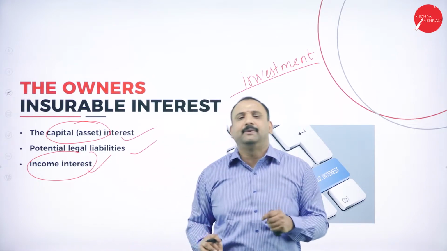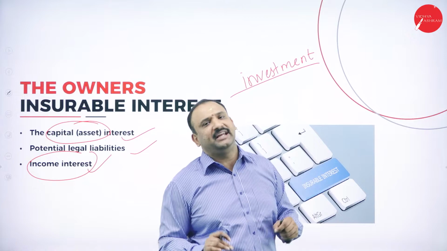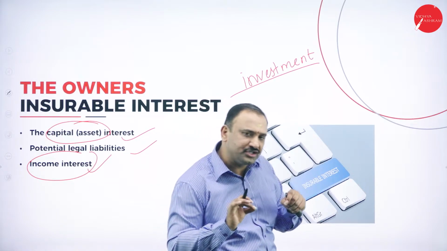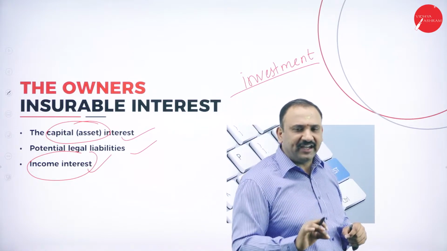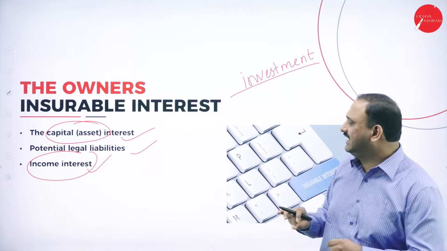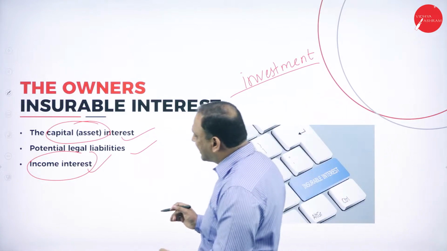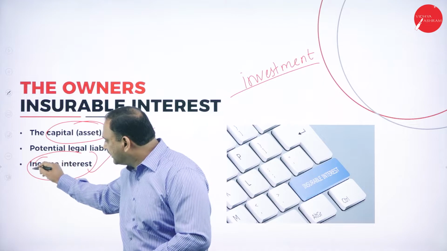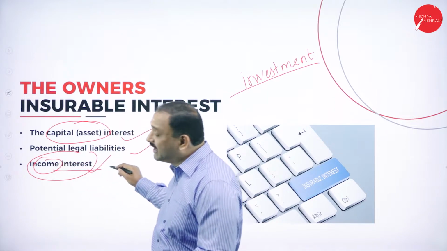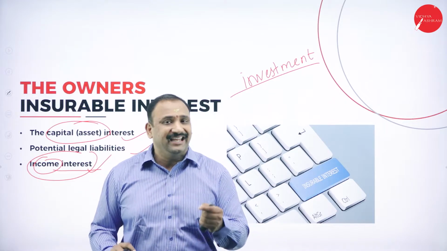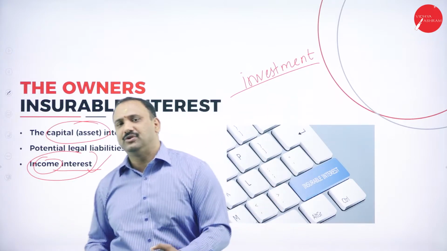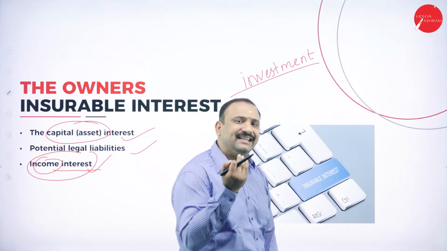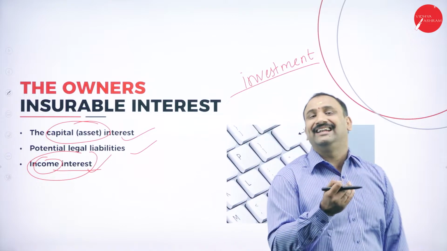Now, for all the people who are investing money in the logistics business, they find that there's a huge source of income that can be earned. So when you're talking about the income factor that can be earned from the ship, if some damage happens to the ship, then automatically the income will also get affected.